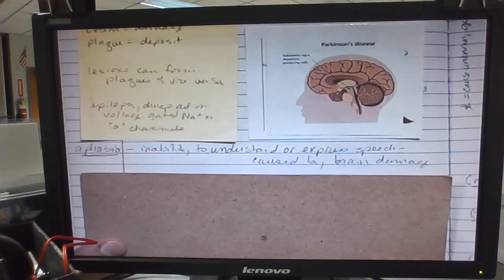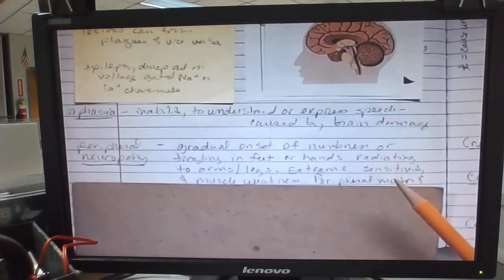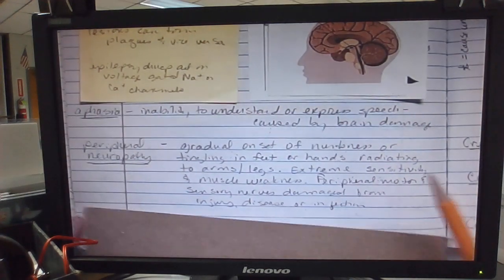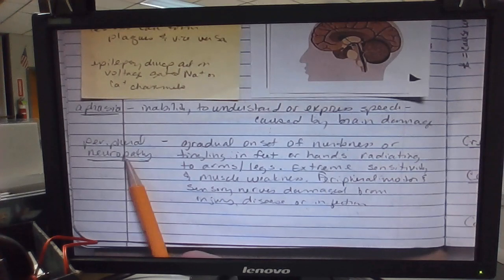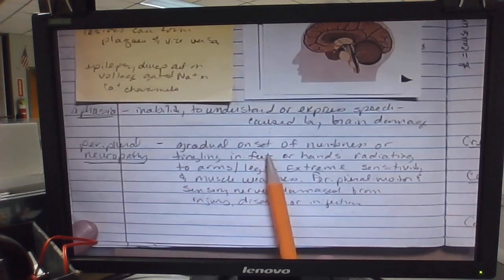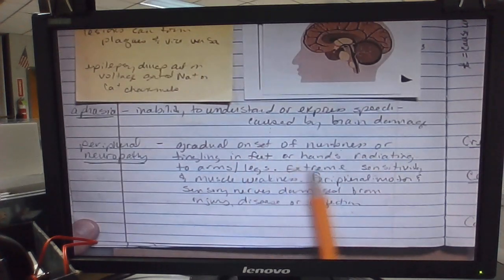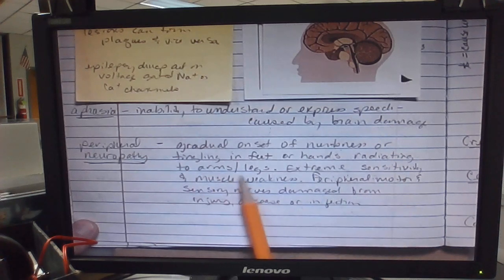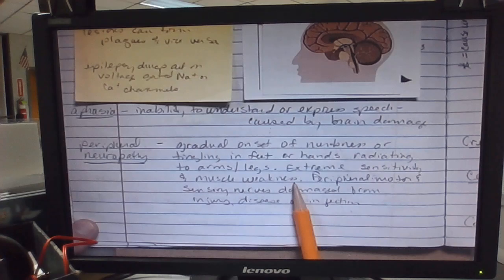Sometimes Broca's condition is called Broca's aphasia. And then peripheral neuropathy. Peripheral neuropathy is the gradual onset of numbness or tingling in the feet or hands, radiating to the arms and legs. You have extreme sensitivity and muscle weakness.